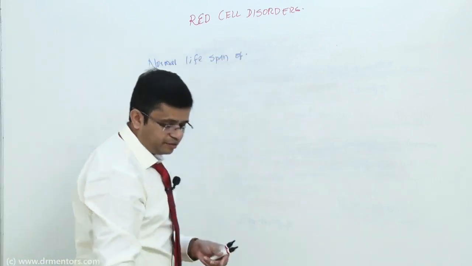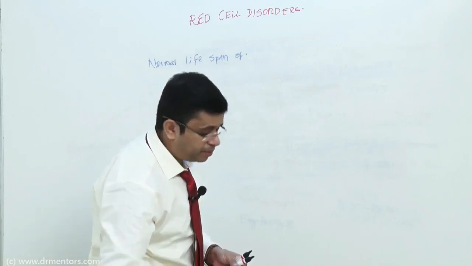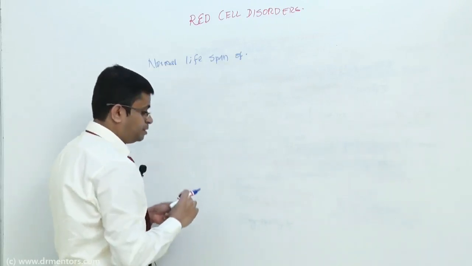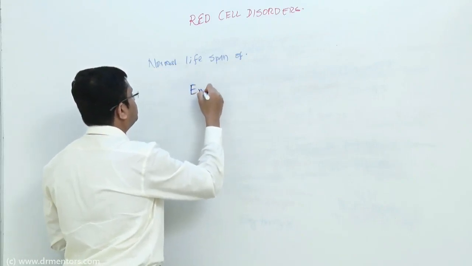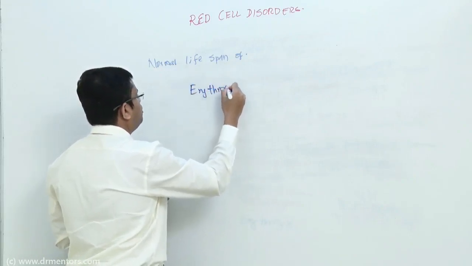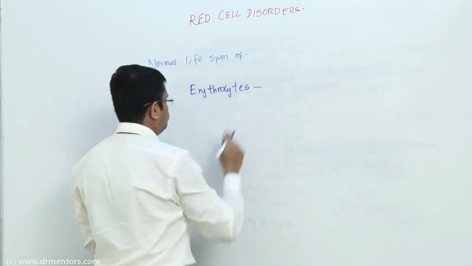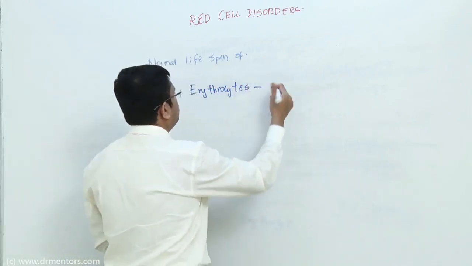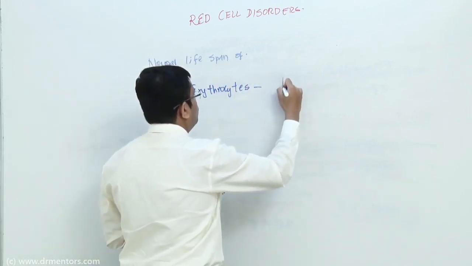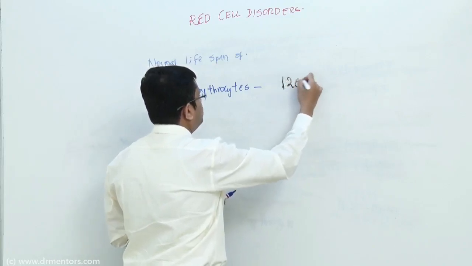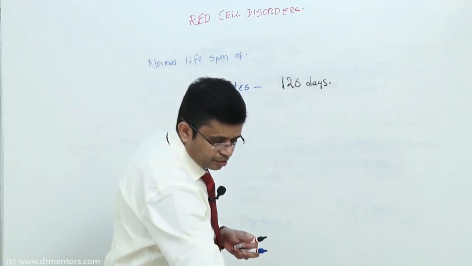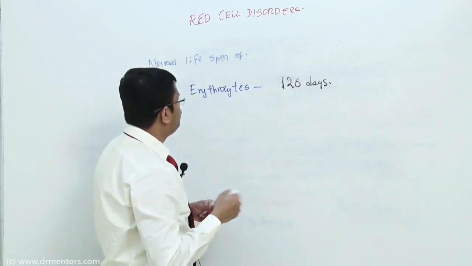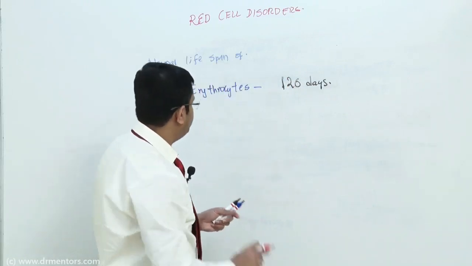We'll start with the first one, the erythrocytes. The normal lifespan of erythrocytes, as most of you know, is on average 120 days. So that's the normal lifespan of the erythrocytes, 120 days.